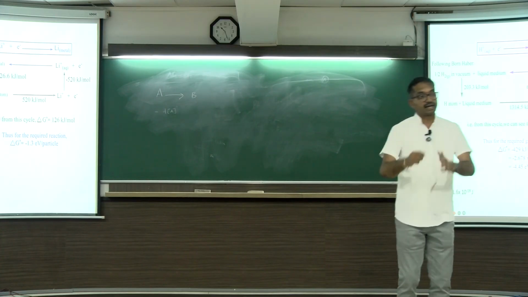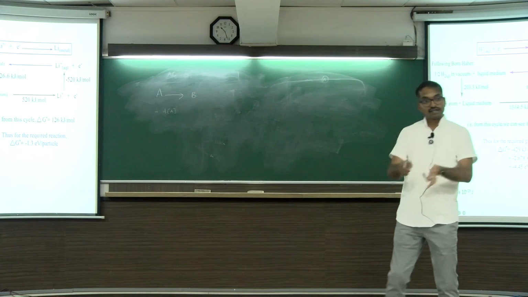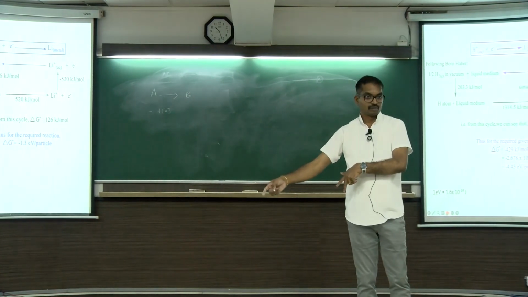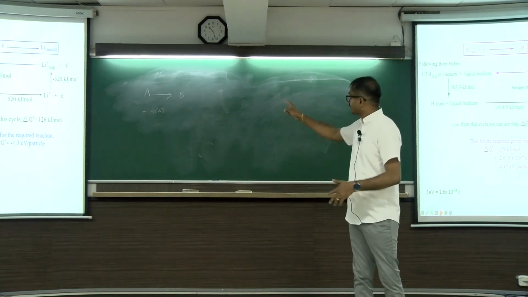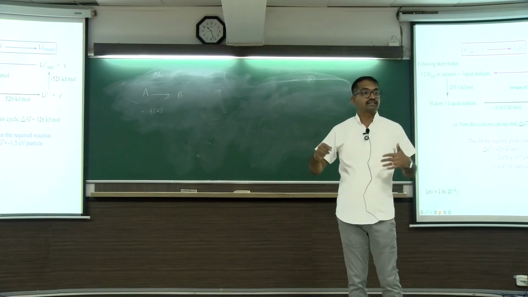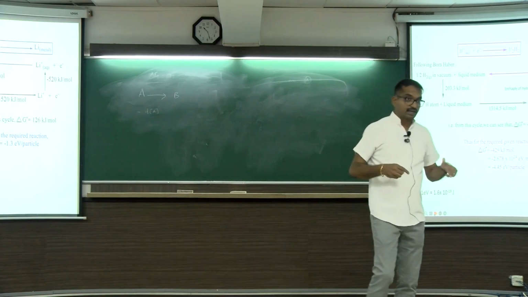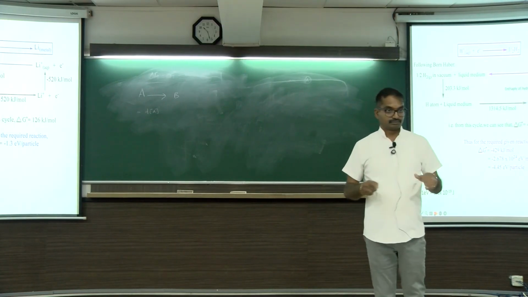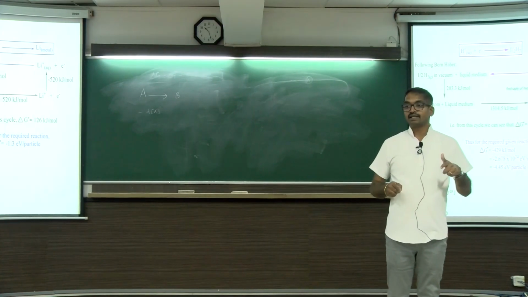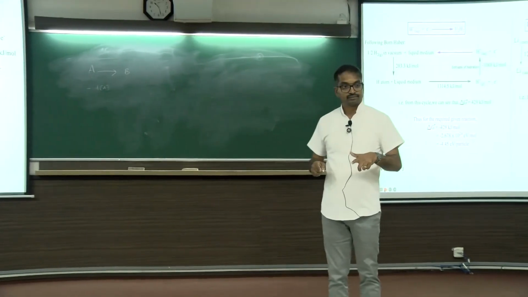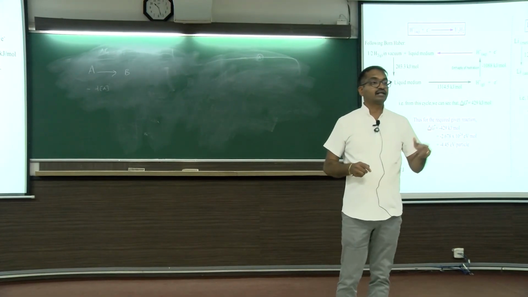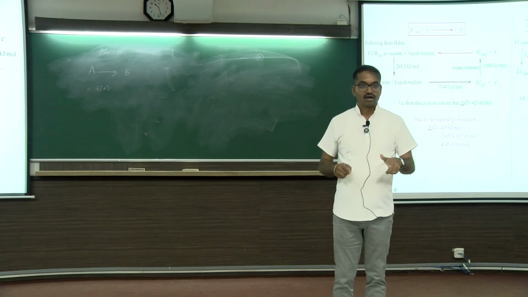That intermediate may again react with A and then finally give B. So, what I have written is very simple, but the actual reaction may be happening in multiple steps. In multiple steps, one step will be the slowest step, and that step is a bottleneck for the entire reaction, and it is called the rate determining step, RDS.